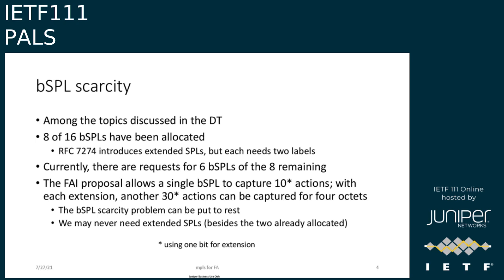If you go down that path, then yes, you have to burn a few more label fields, but you get a hell of a lot of actions encoded. And maybe we don't talk about scarcity anymore. And we may never have to use extended special purpose labels. Now, I know that there have been already 2 allocated, but essentially this would really solve the problem. Next slide, please.